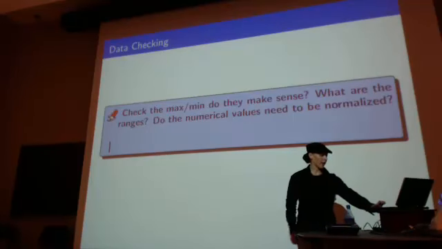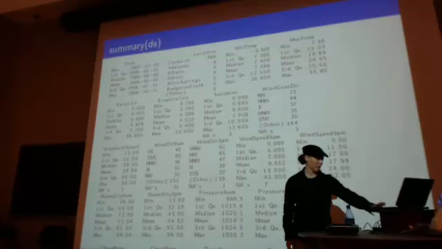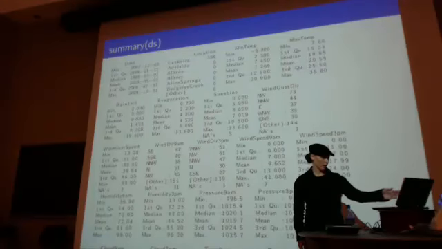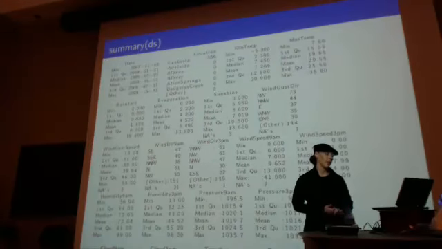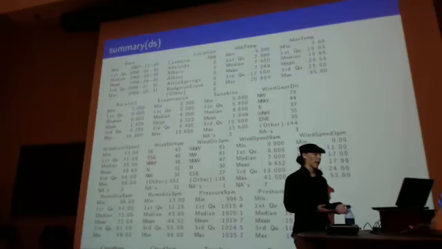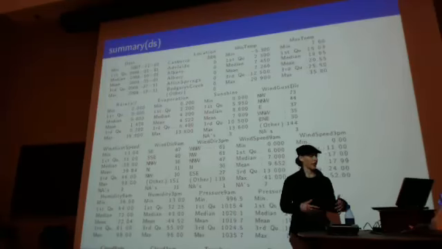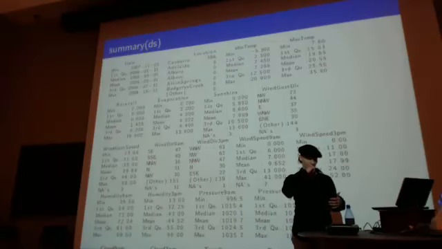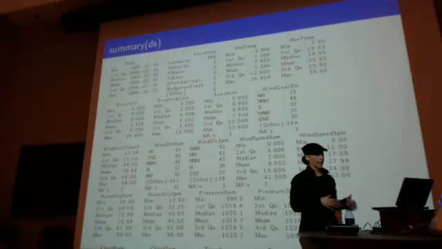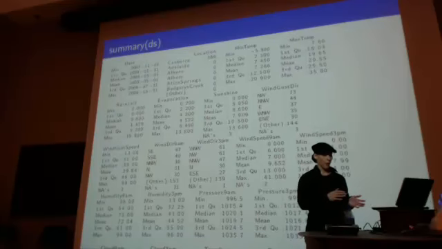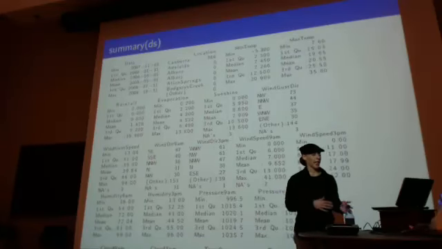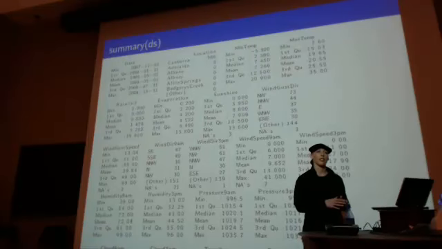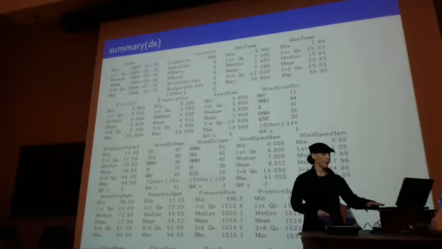And so R has a nice summary function where you can check the max, the min, the median, the first quartile, and it does some basic aggregation for you on all the variables to help you get a feel for your distributions. And once again, we're looking at the data to make sure that it makes sense and that it can answer the question, will it rain tomorrow?